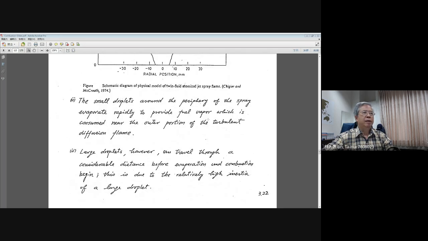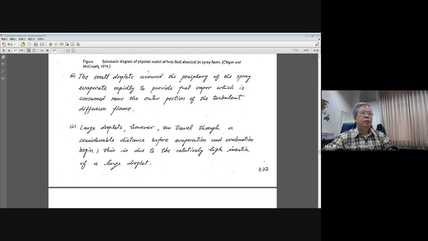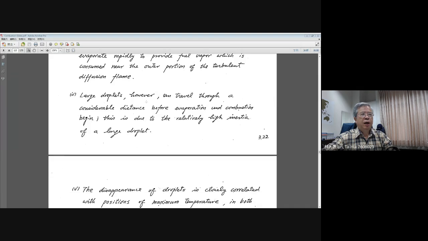The third comment from Chigier says small droplets around the periphery of the spray evaporate to provide fuel vapor, which is consumed near the outer portion of the turbulent diffusion flame. Large droplets, however, can travel a considerable distance before evaporation and combustion begin.